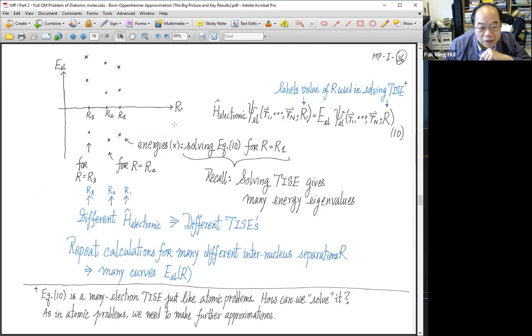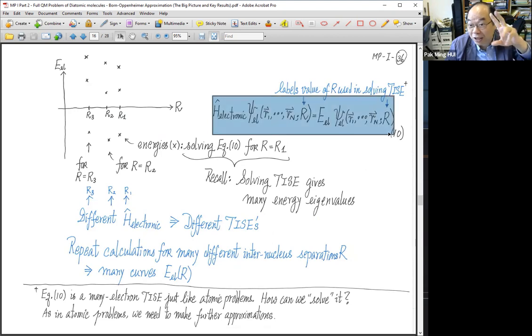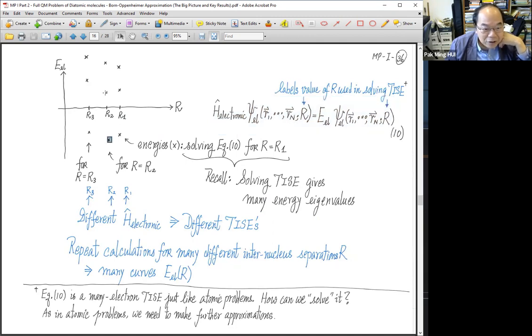So for R2, you have another problem to solve. Of course, you have written a program to do it, so you just change your parameter, run it again, and you will have different values for the energy eigenvalues.